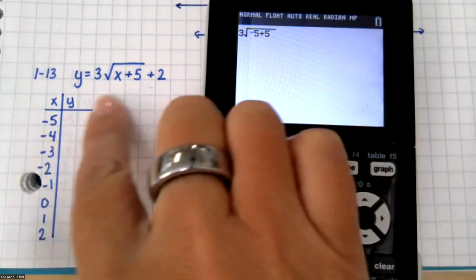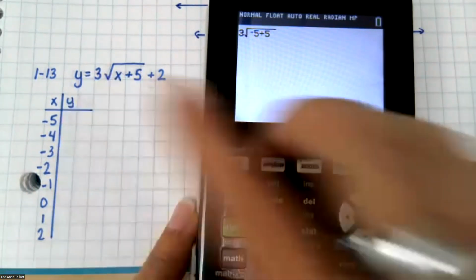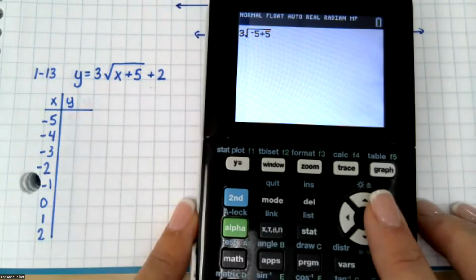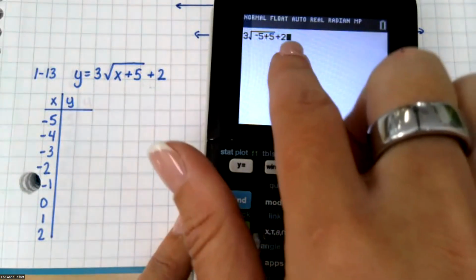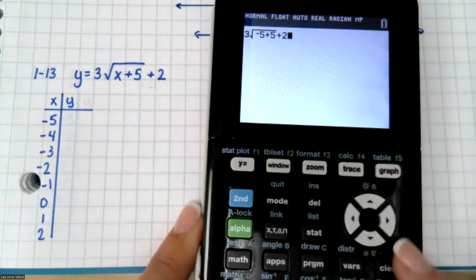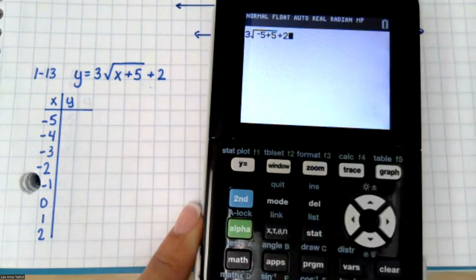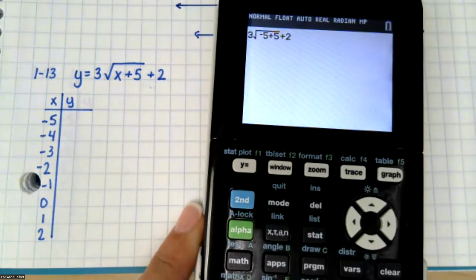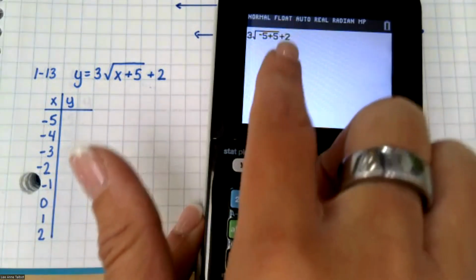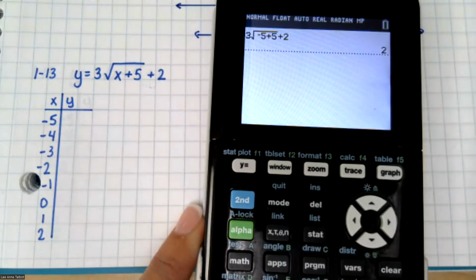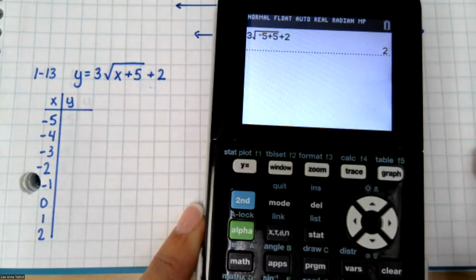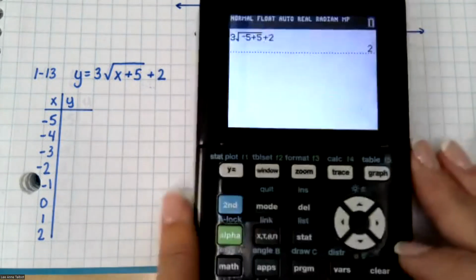So I took my -5 and I put it in there. Plus 2. Make sure that you arrow out using this arrow to get out from underneath of the square root. If you have an older calculator that does parentheses, end your parenthesis after the +5. And you should get 2. Did you get 2? Okay.